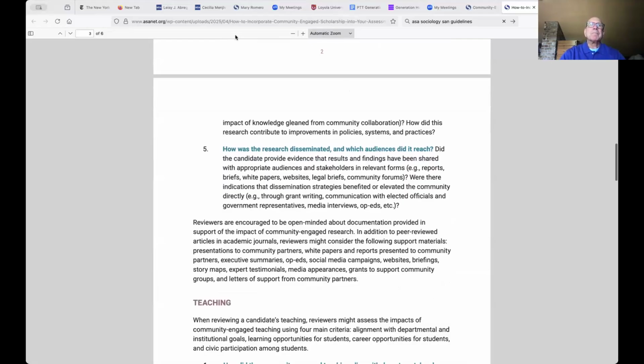So I'm going to try to wrap up my remarks now to give Rebecca some time. But I want to just say in closing that we really hope that these guidelines are embraced and are used. We welcome feedback and questions from those who are coming up to candidacy as well.